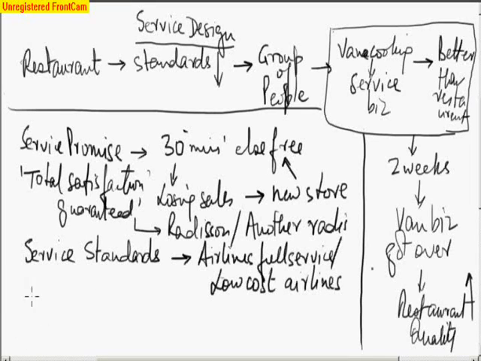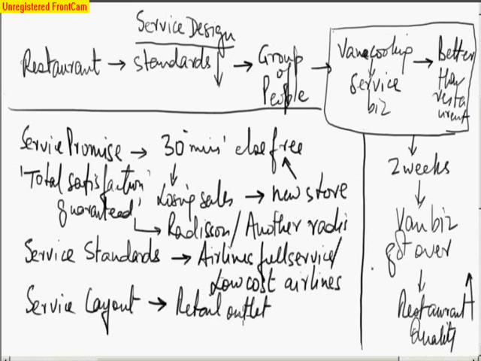And the third is service layout. How are you going to provide this particular service, what is the layout around it? For example, in the case of a retail outlet which wants to cater to lots of customers, how much space are they going to take?